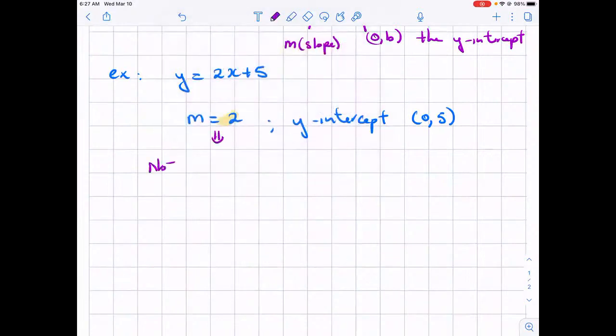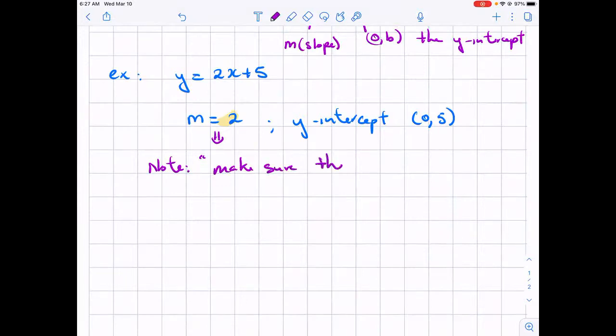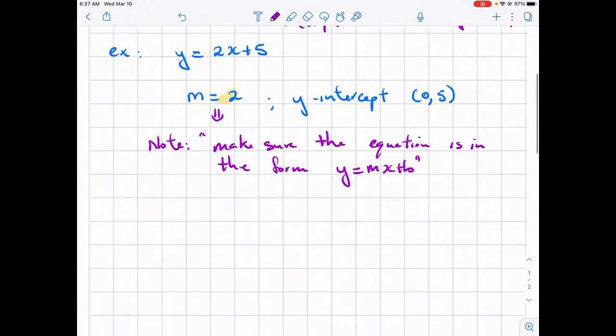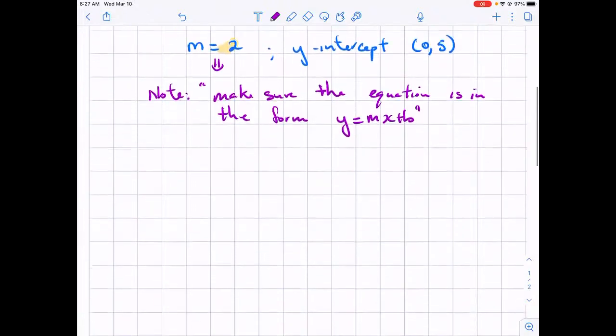Note: make sure the equation is in the form y equals mx plus b. If y is not by itself, then you cannot say the slope is the number next to x. Okay.